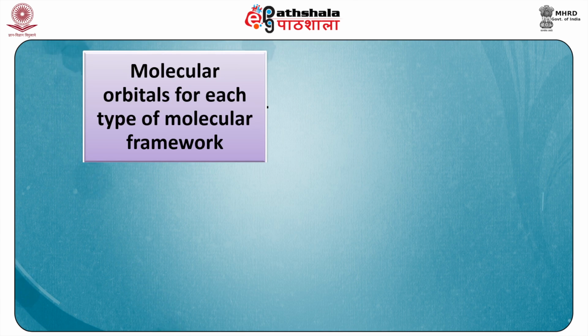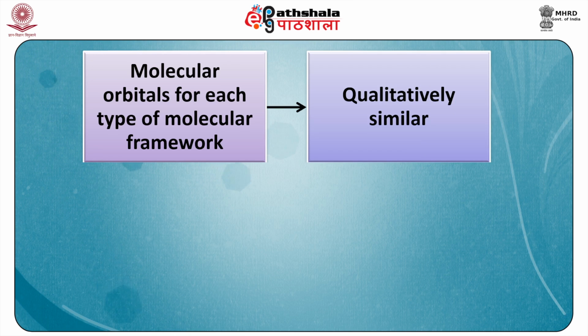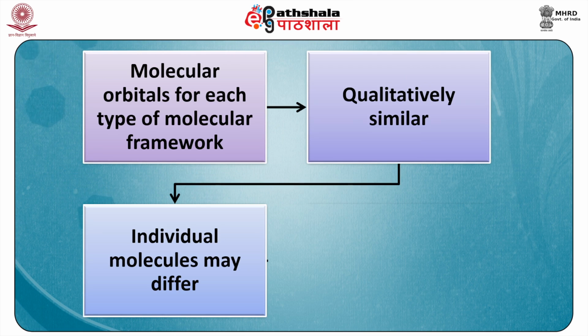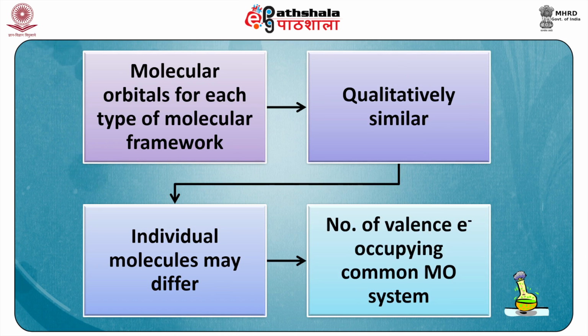Only the valence electrons should be considered for properties which can be explained by the qualitative molecular orbital theory. The linear combinations of atomic orbitals can form satisfactory molecular orbitals. The molecular orbitals for each type of molecular framework must be qualitatively similar. The individual molecules may differ only in the number of valence electrons occupying the common molecular orbital system.